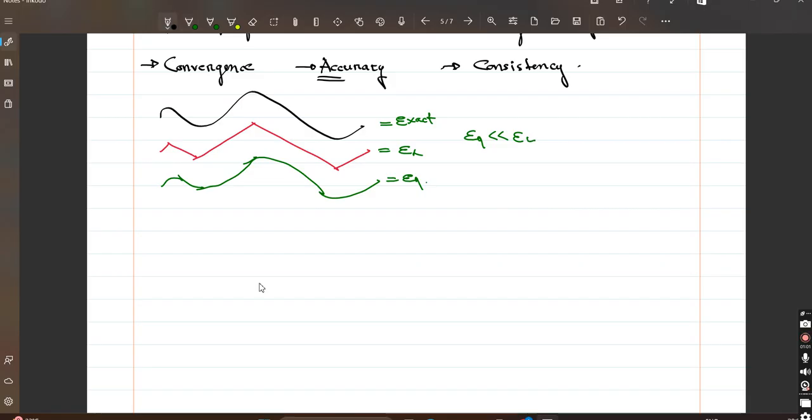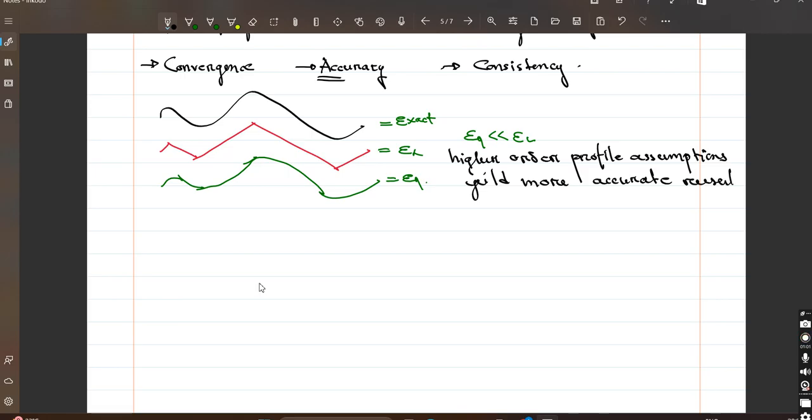This is because higher order assumptions yield more accurate results, right? So as we take higher and higher order assumptions of the profiles, the solution that we reach is more accurate. Okay.